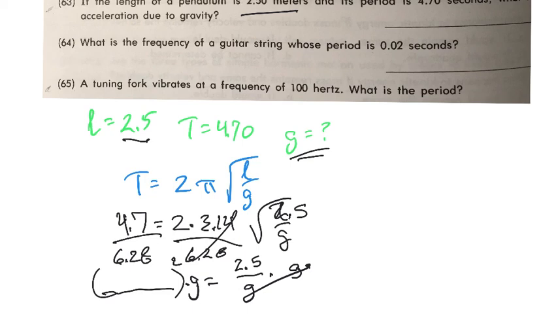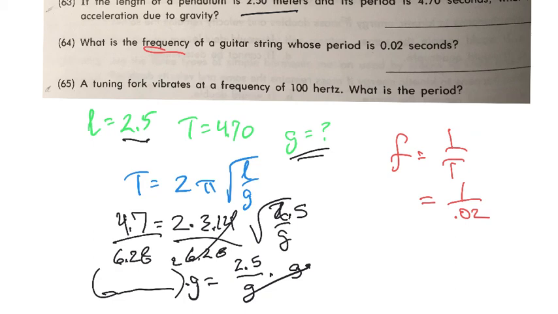All right, the last thing I just want to point out on 64 and 65 is we're solving for the period and frequency here. So frequency is 1 over the period, and so you're just going to take 1 and divide by 0.02. Okay, use your calculator, solve, get your answer.